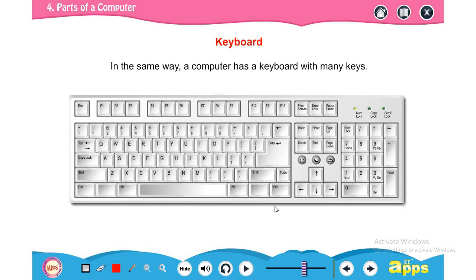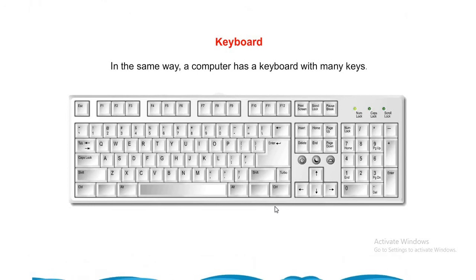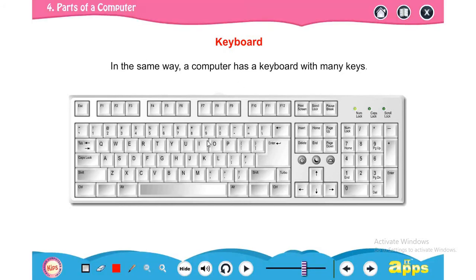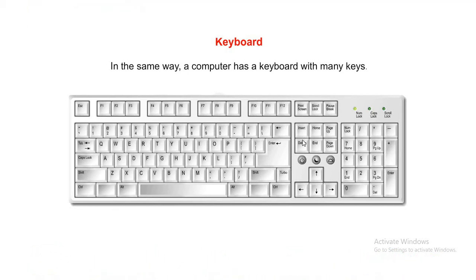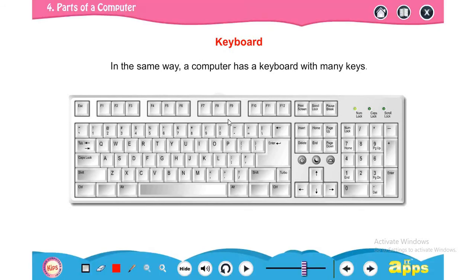You all have seen a computer. Okay, today I am just going to show you the different keys present on a keyboard. All these keys complete a keyboard. A total of 104 keys are present on your keyboard.